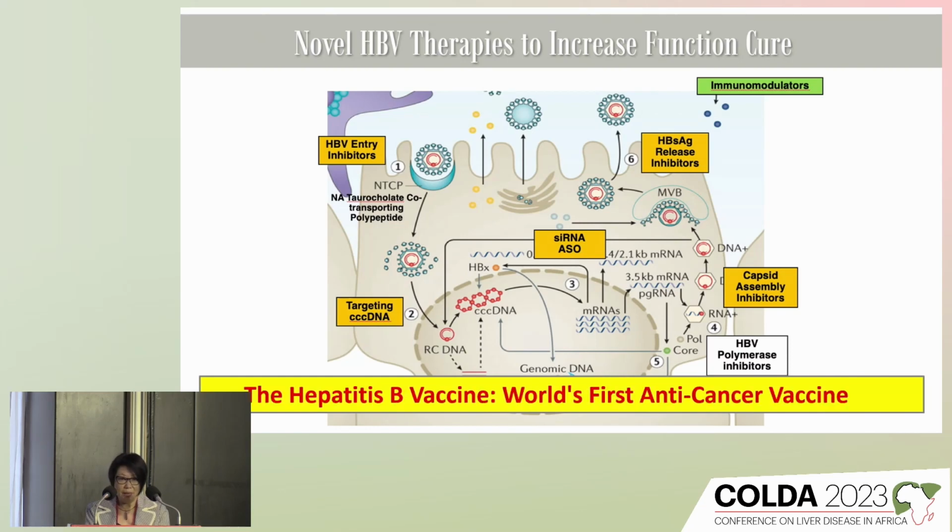And we must remember the hepatitis B vaccine is the world's first cancer-preventing vaccine. What it means is that an effective universal vaccination program would be critical to lead to elimination of hepatitis B, especially in resource-limited regions, I believe.